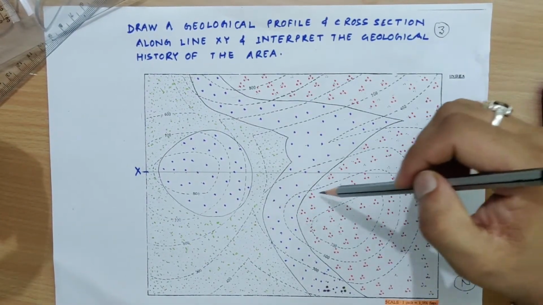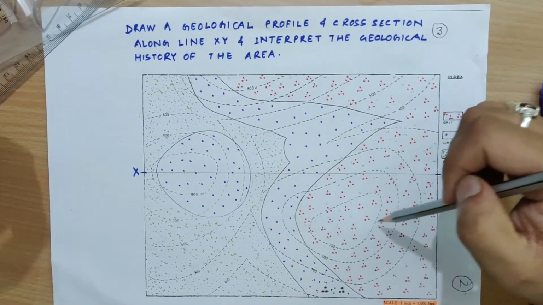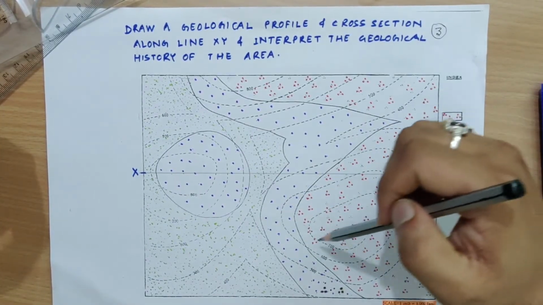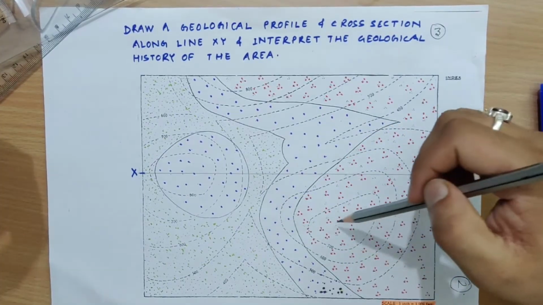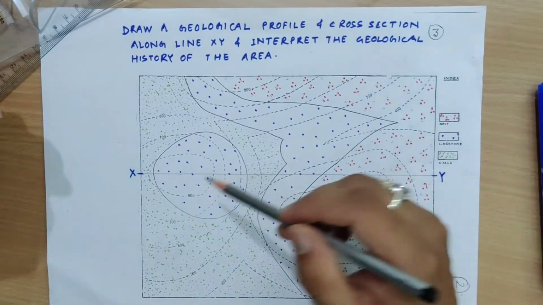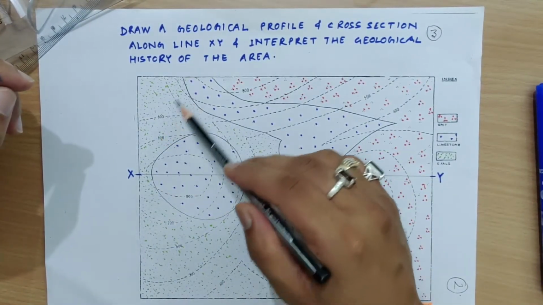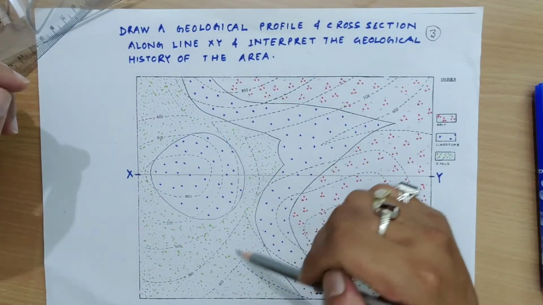So here we have this hill. Because the center contour is having more value than the surrounding ones, it means this is a hill of somewhat this shape. Then we have again a hill over here, and this is the area where the valleys are.